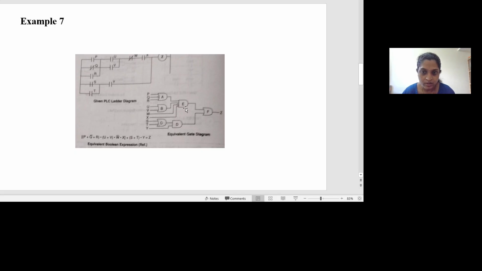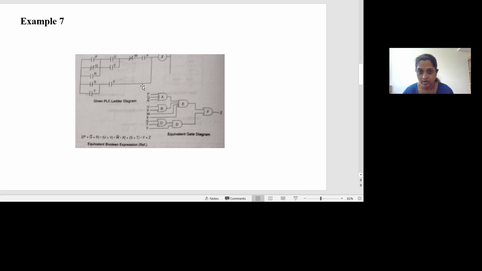So I've taken AND gate E. You could see here it has 4 inputs. The first input is coming from the parallel combination of PQR. The second input is coming from the parallel combination of U and V. The third input is coming from input W, and the fourth input is coming from X. So this completes your first rung representation also.